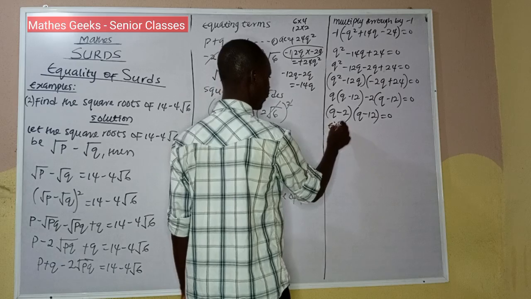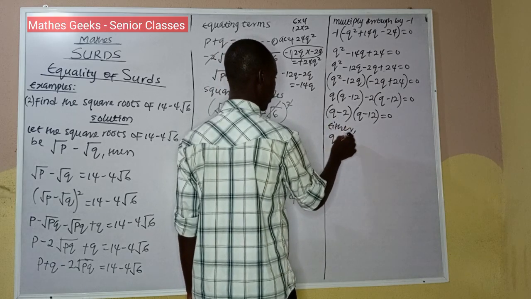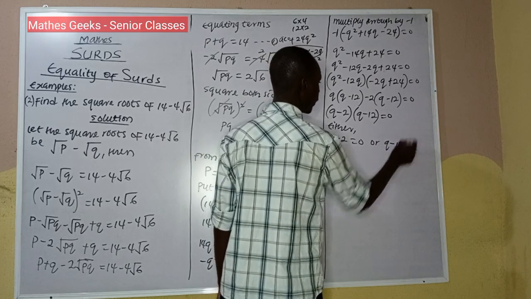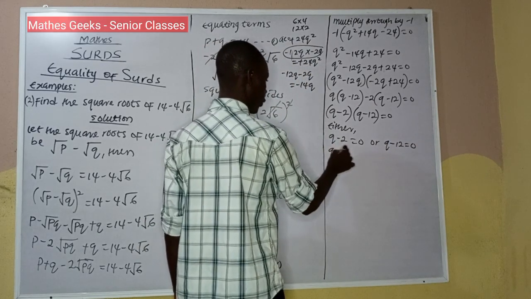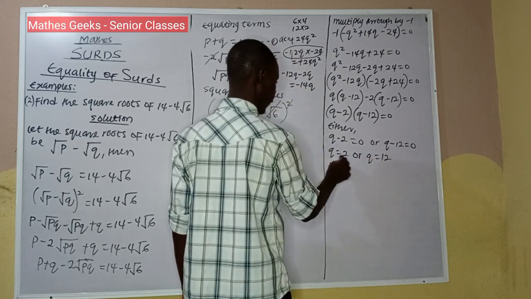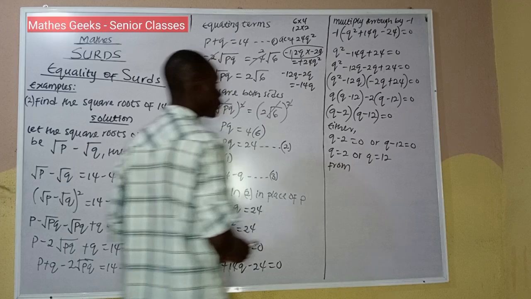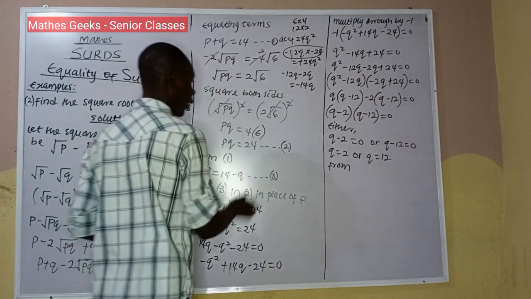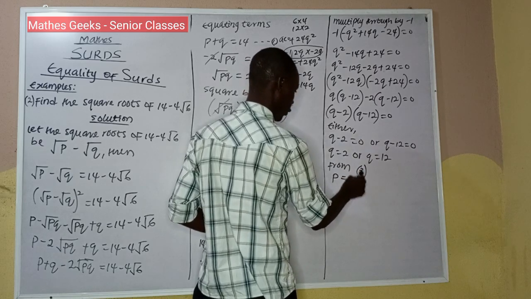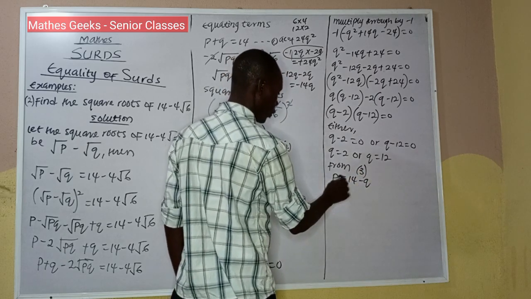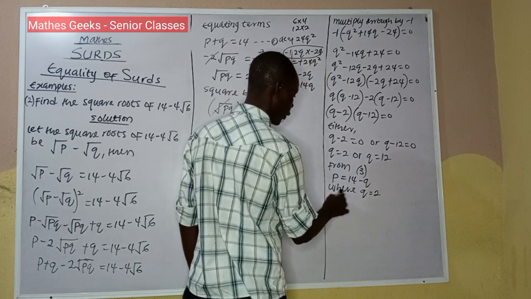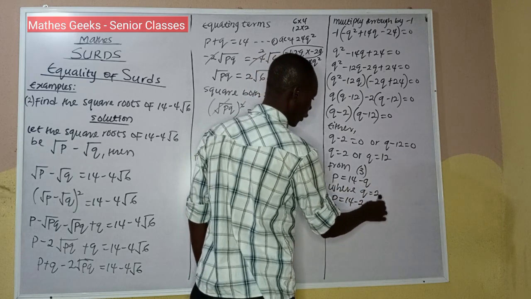So we say either Q minus 2 is equal to 0 or Q minus 12 is equal to 0. So this gives us Q is equal to 2 or Q is equal to 12. Because from equation 3, to get the value of P, P is equal to 14 minus Q. So where Q is equal to 2, P is equal to 14 minus 2, that's equal to 12.